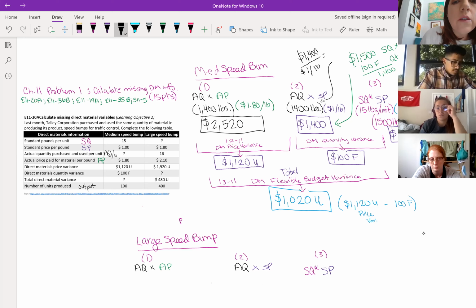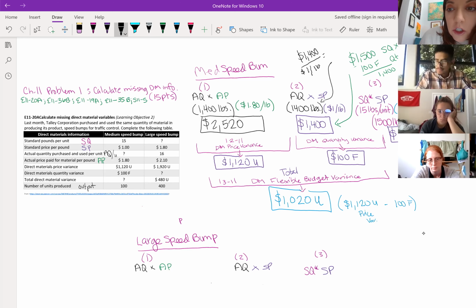When you take 2,520, what you actually spent on the materials, compared to what you should have spent for those 1,400 pounds, 2,520 minus 1,400, does it recompute to 1,120 unfavorable? Yes. It's a check for the amount that the total variance is by.